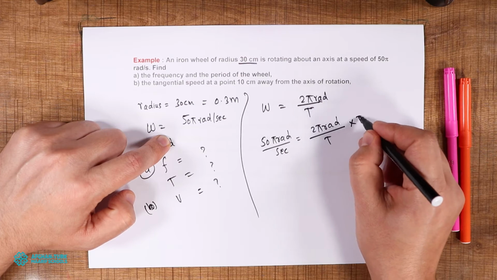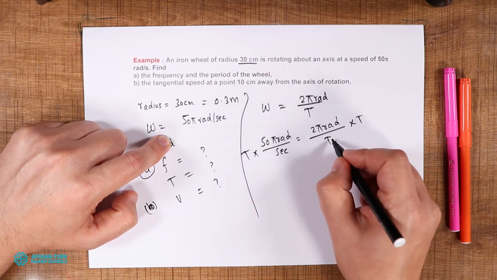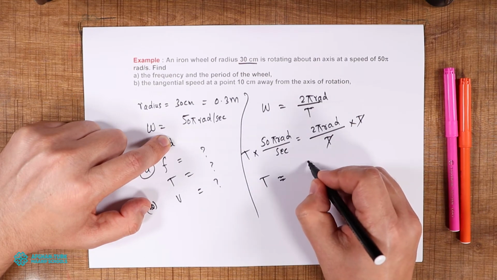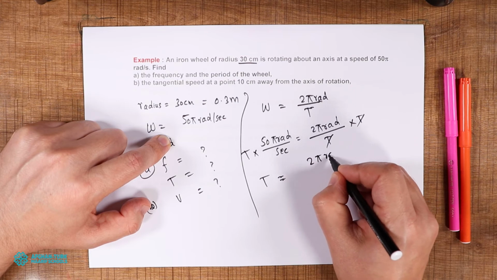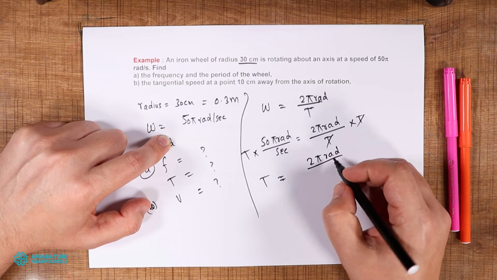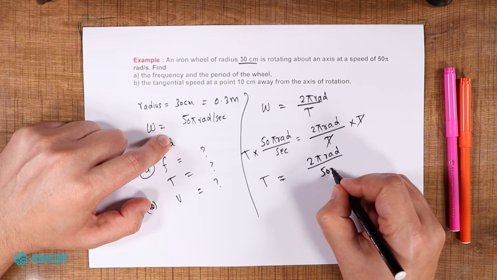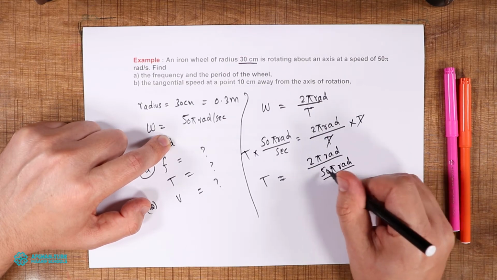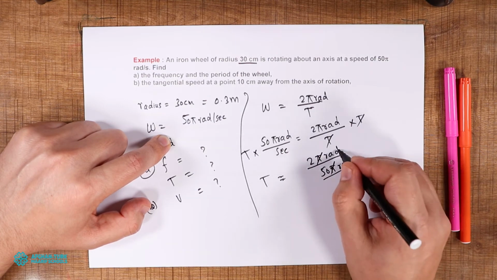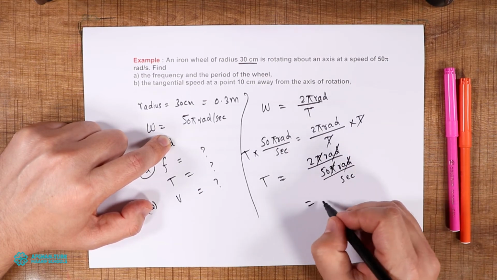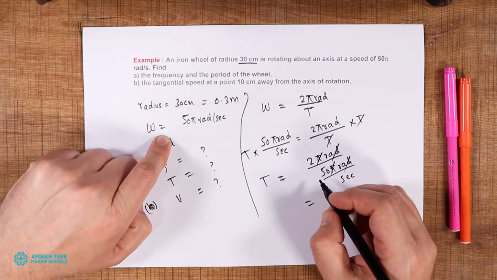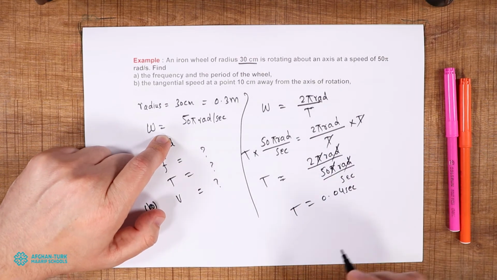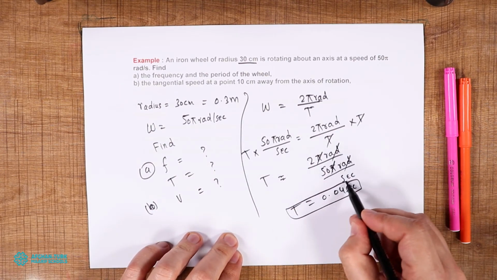To find it, multiply both sides by t. So t will be equal to 2 pi radian divided by 50 pi radian per second. Pi cancels with pi, radian with radian. So 2 divided by 50 is equal to 0.04 second. So this is the time period.